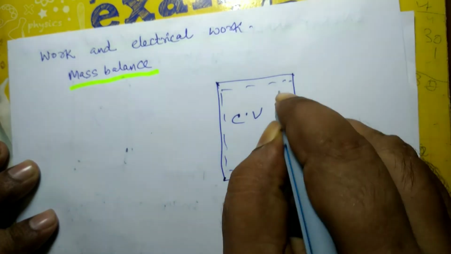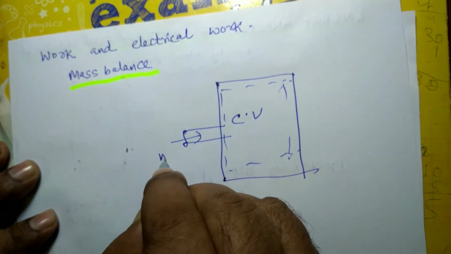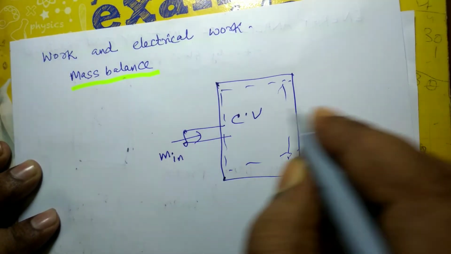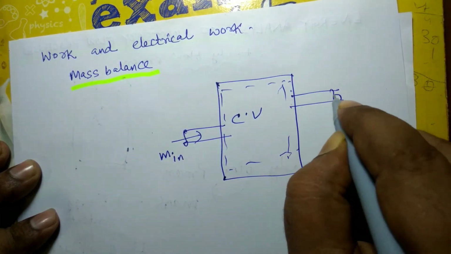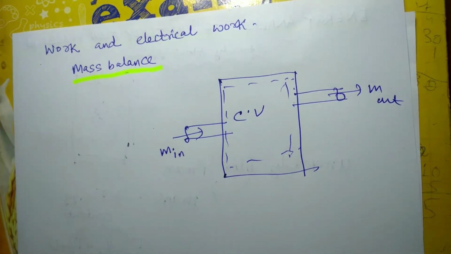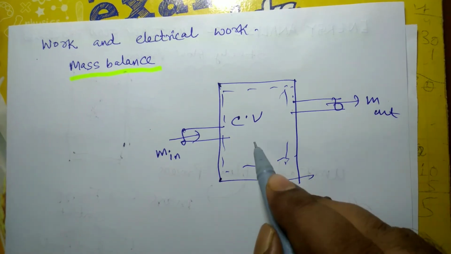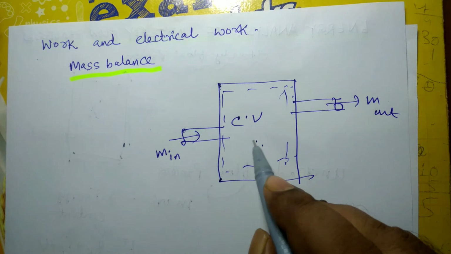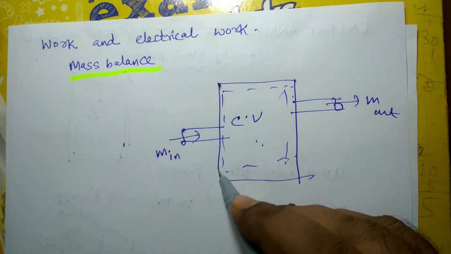So suppose this is your CV and this is control surface. Suppose some mass is entering into the control volume, m_in, and this is m_out. Another difference is that since no property of the control volume in case of unsteady flow process change with respect to time, we deal with this analysis in terms of a finite period of time.